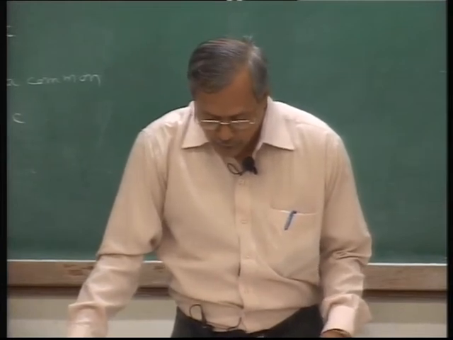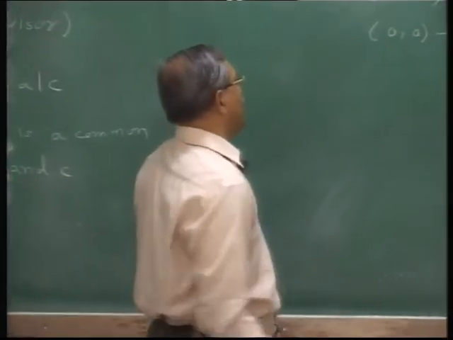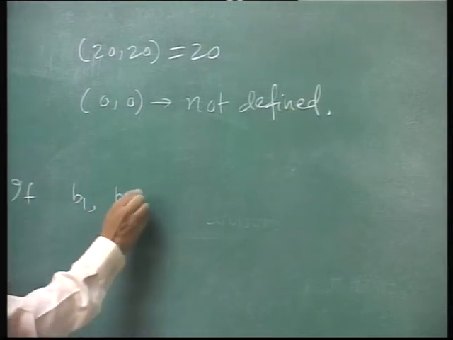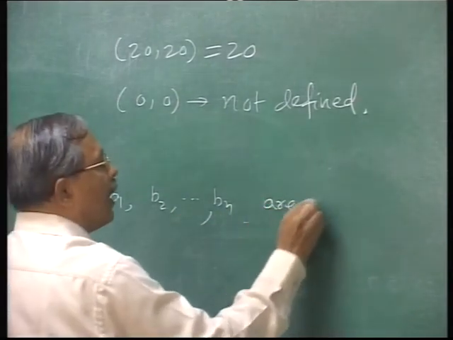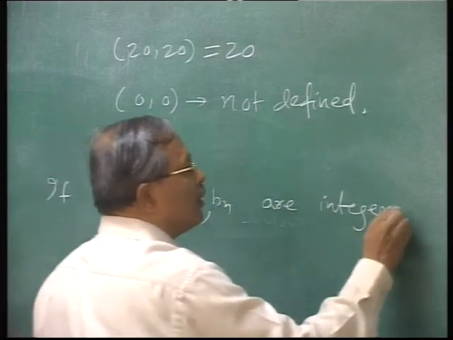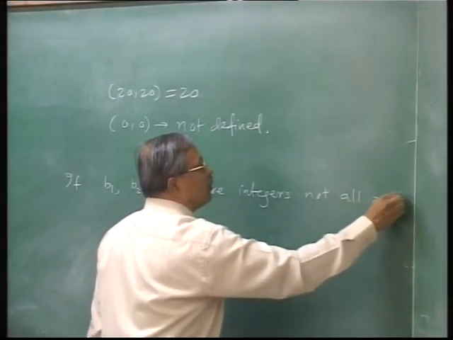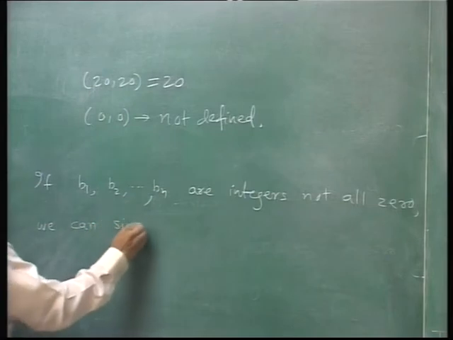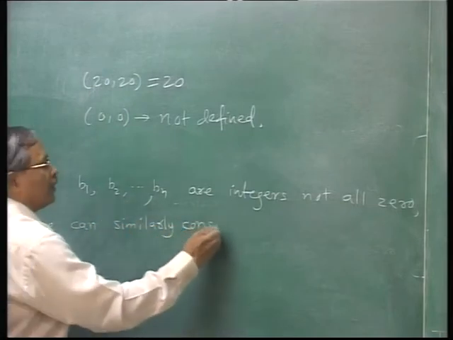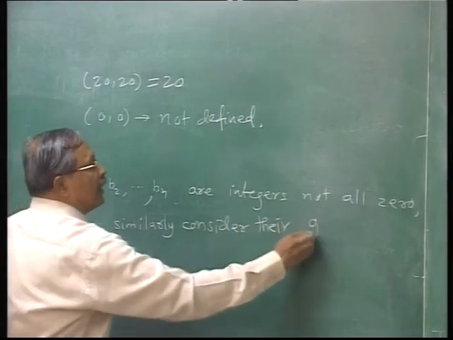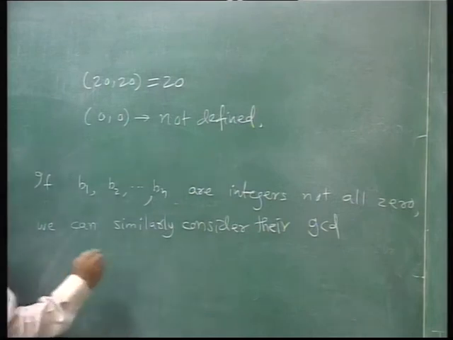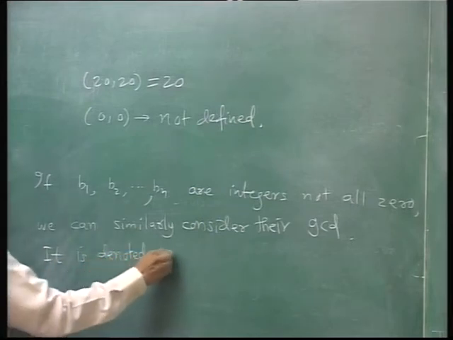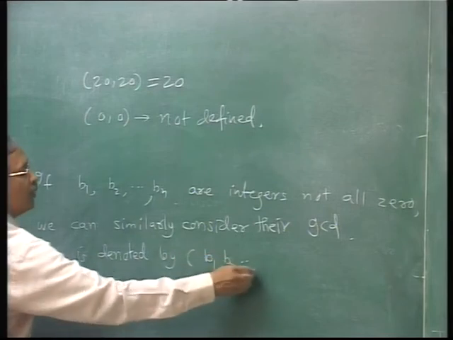And we can also consider n integers. So if B1, B2, ..., Bn are integers, not all 0, we can similarly consider their GCD, and it is denoted by a similar notation: (B1, B2, ..., Bn).